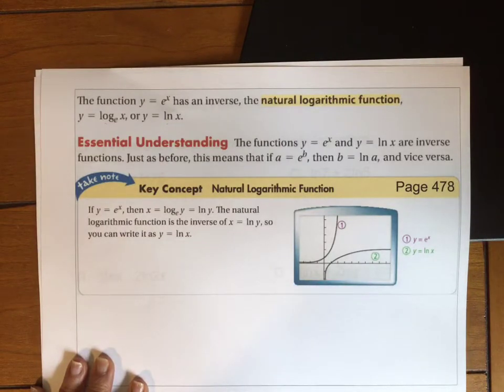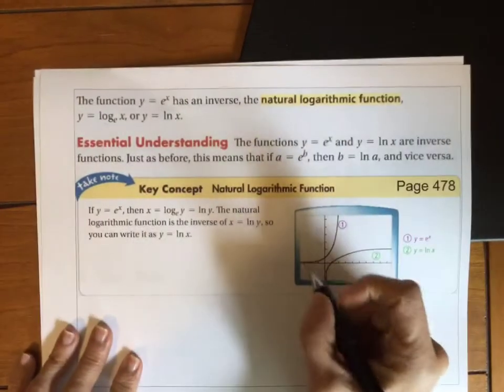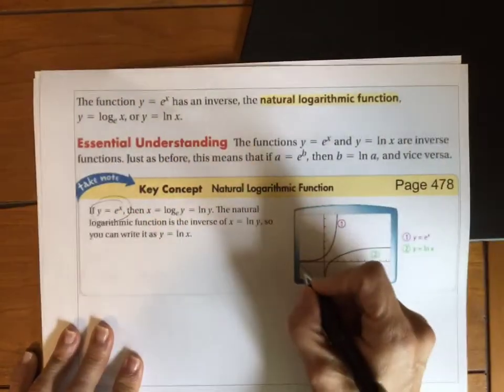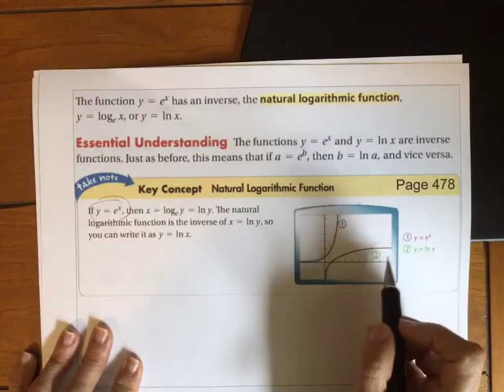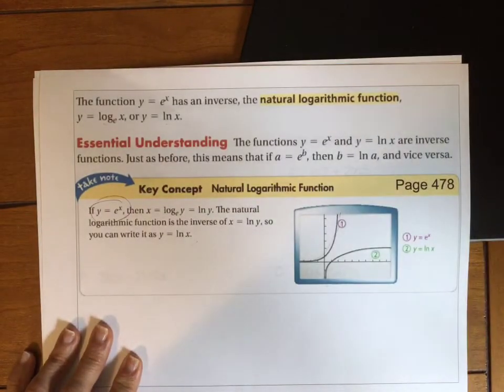If you want to, go ahead and pause this video so you can take some notes on it. But just like log base 10, log base 2, log base 3, if I graphed y equals e to the x, that's this graph here, then the natural log of x is my inverse function right there.